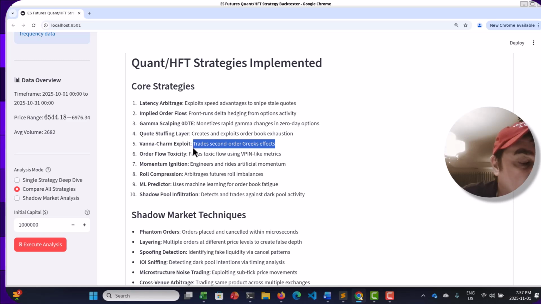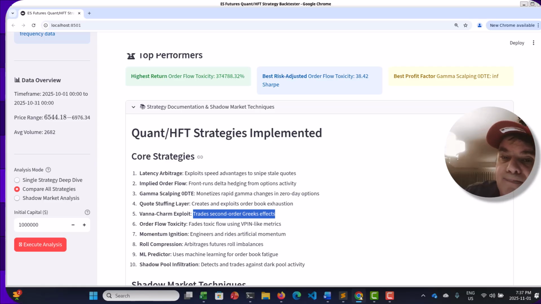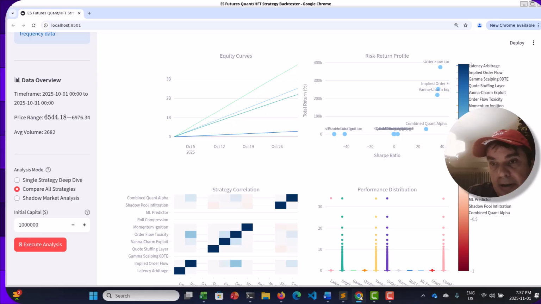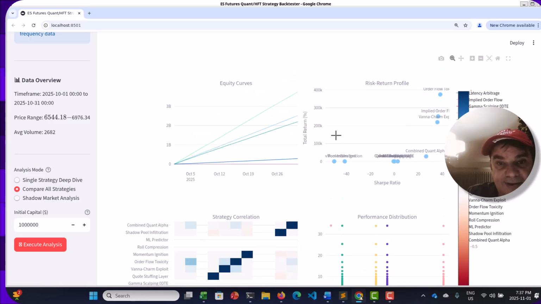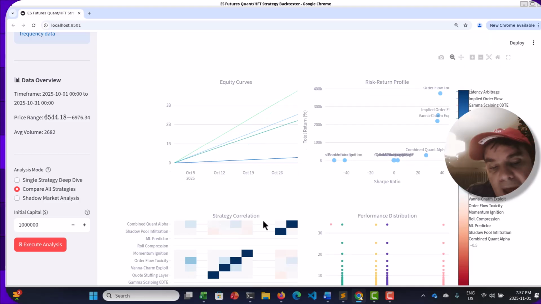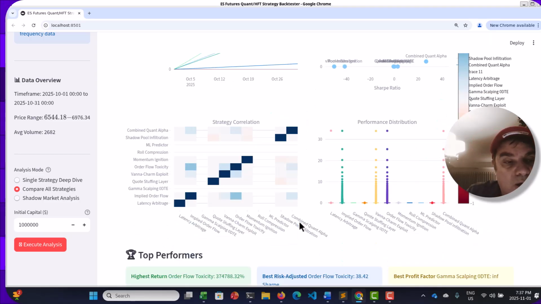That might be possible to trade at retail, or not retail, but without the third party data feeds. So that might be an opportunity there. And the next one that looked pretty good was this one, which was the implied order flow. So let's look at what that involves as well.